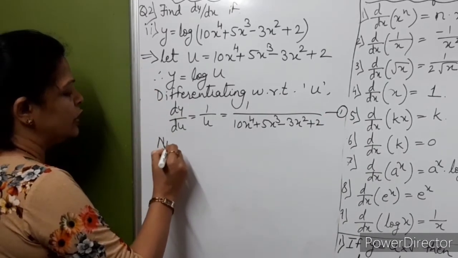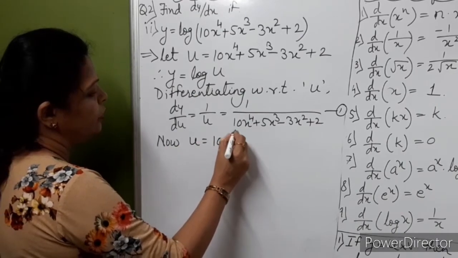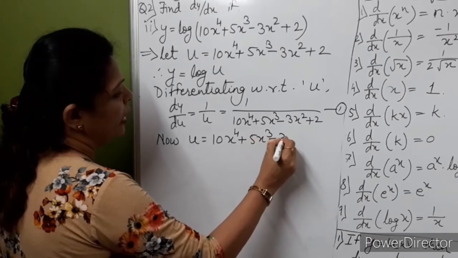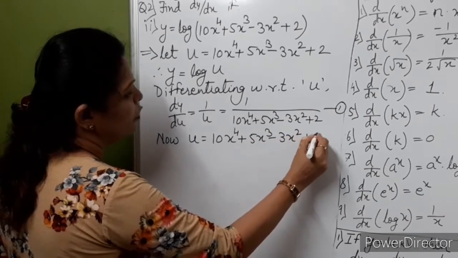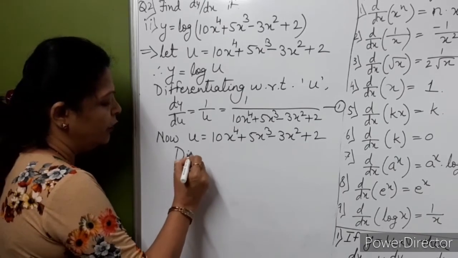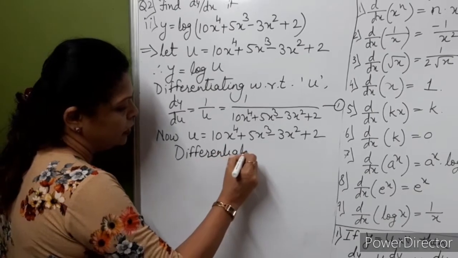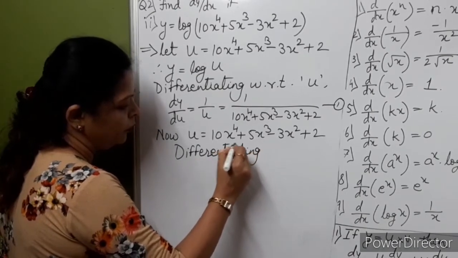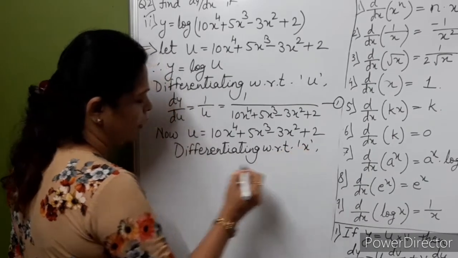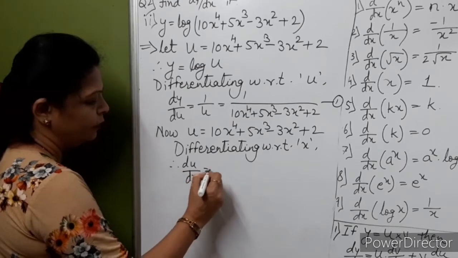Now we have to differentiate u. U is equal to 10 into x raised to 4 plus 5x cube minus 3x square plus 2. Correct? So differentiating with respect to x, you will get du by dx.